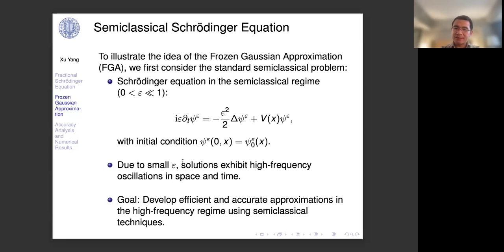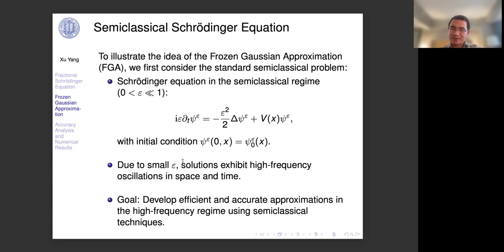It's like the multi-scale expansion technique that we learned before. However, there are many ways we can do the semi-classical approximation. The most straightforward one is the WKB expansion, the standard one. We propose the ansatz psi equal to the amplitude times e to the i times the highly oscillatory phase.